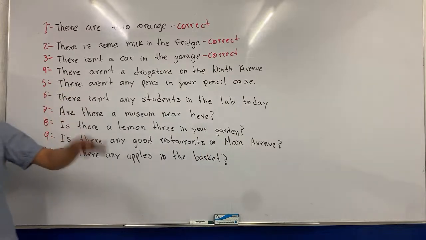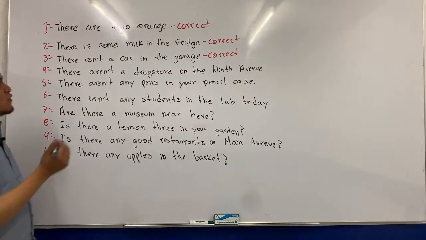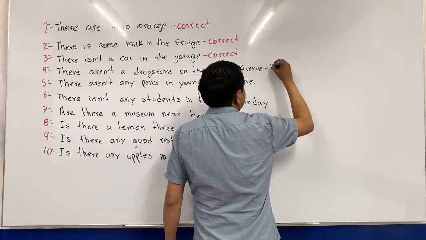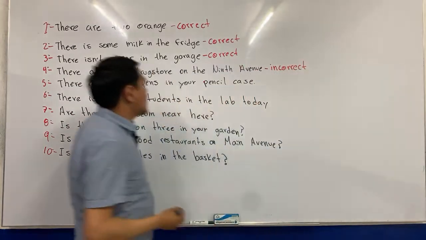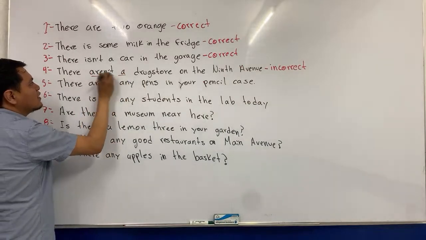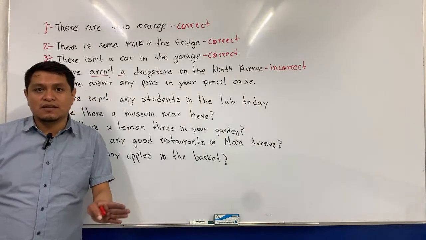Next, there aren't a drugstore in the night avenue. Correct or incorrect? Incorrect. Why? Because of aren't. This is wrong in English grammar, right?